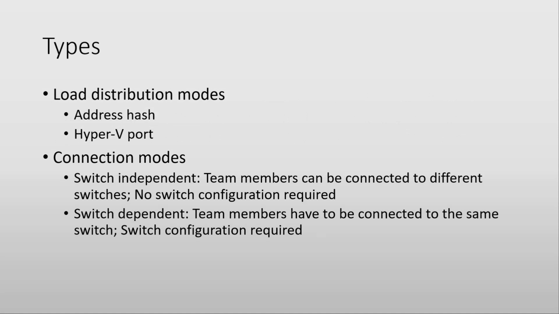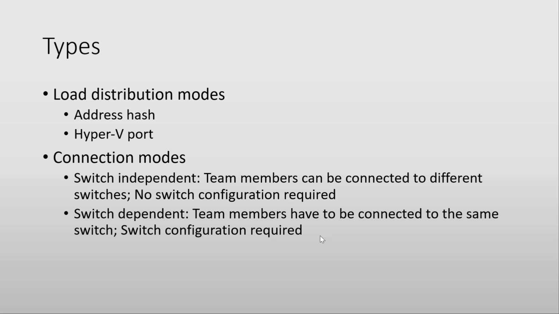Let's also discuss types of teams. So first, based on load distribution, meaning how the output and input are treated, we have address hash teaming and Hyper-V port teaming. We also have two connection modes. One is switch independent, which is my favorite, let's say.